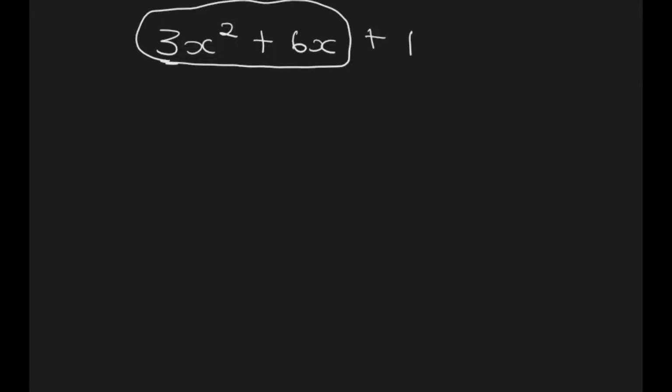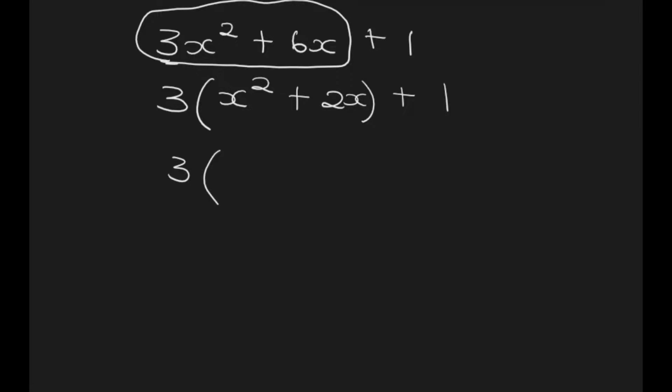So let's factor out 3 here, and then we say into. This will become x squared, and then plus 6 over 3, right? Then becomes 2x, a bracket, and then we say plus 1, right? Then from there, we write the 3, say bracket x squared.